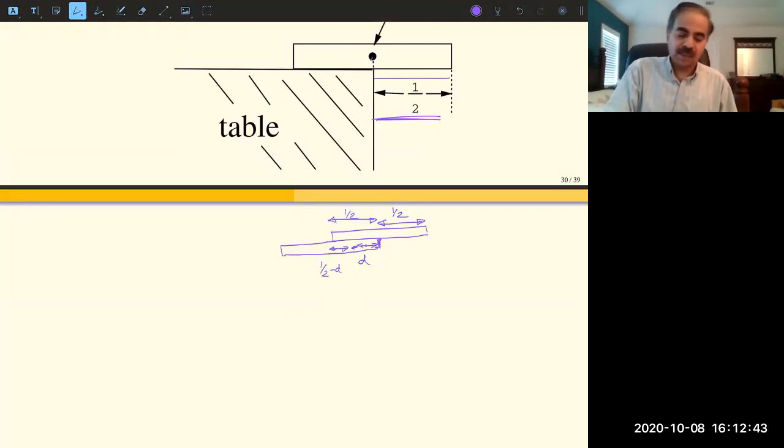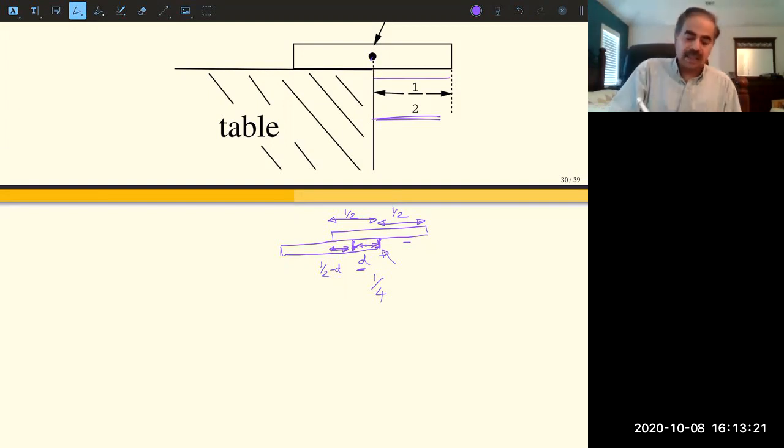If this point is at a distance D from this end, then this end is going to be half minus D. Now you can see that the center of gravity is going to be right between the center of gravity of the top block and the center of gravity of the second block. So this D is going to be right in the middle, so it's going to be 1/4, right?